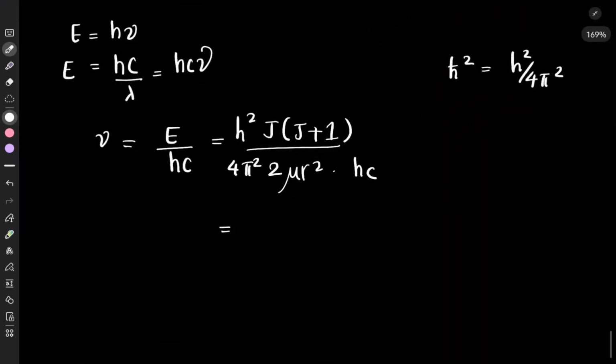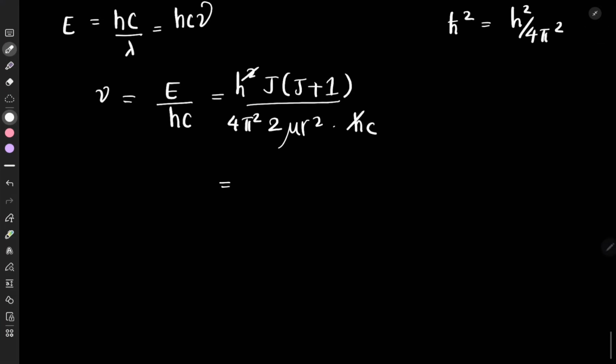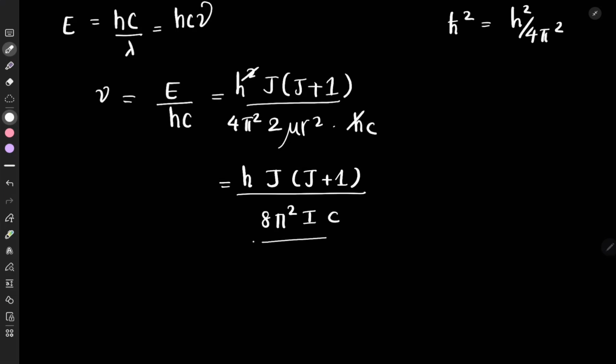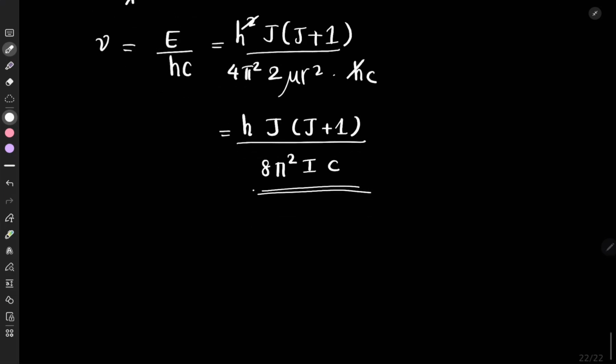Mu r square I'll keep as I itself, and we'll get h j into j plus 1 divided by 8 pi square I c, where B is equal to h by 8 pi square I c. So we can write it as B into j into j plus 1.